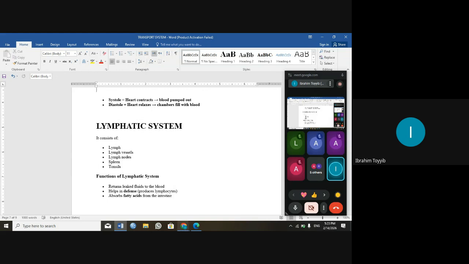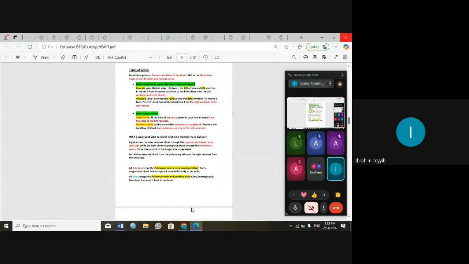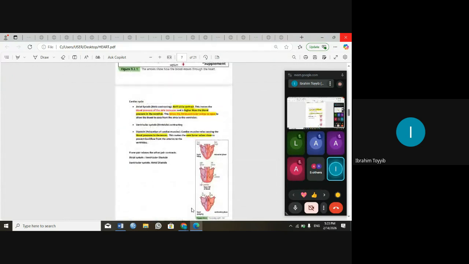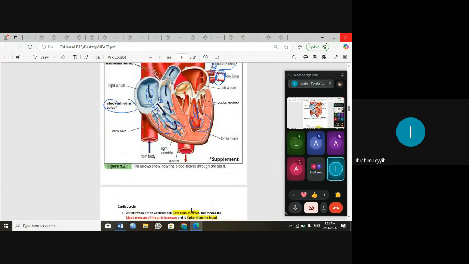So those are the major arteries and the major veins in the circulatory system. So let's look at other things we have here. Let me talk on septum. Septum is a structure that separates the two parts of the heart, the right part and the left part.